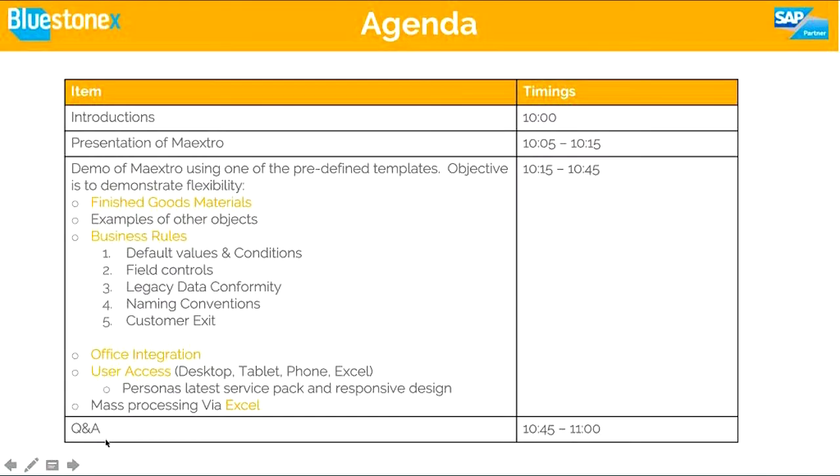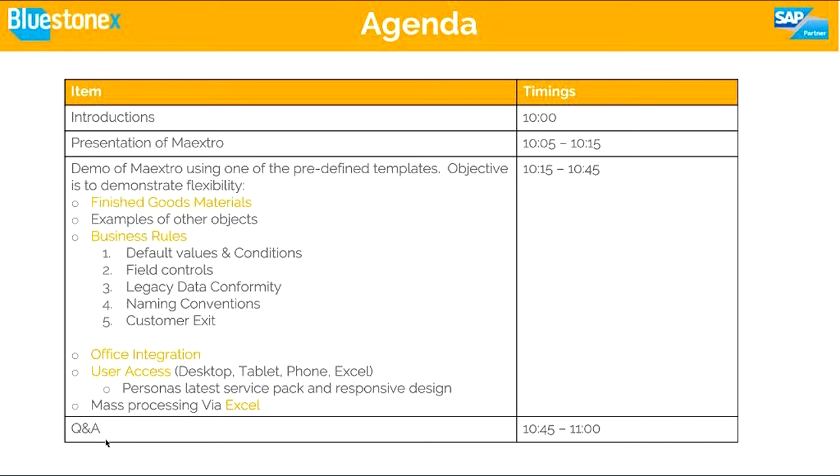So just quickly on the agenda, we'll tell you a little bit of background about the product. I'm very conscious of time. We want to leave some time at the end for Q&A, but what we're going to show you today is just a standard process for finished goods and how Maestro would handle the creation of a material master. You could put that for semi-finished or engineering or whatever.